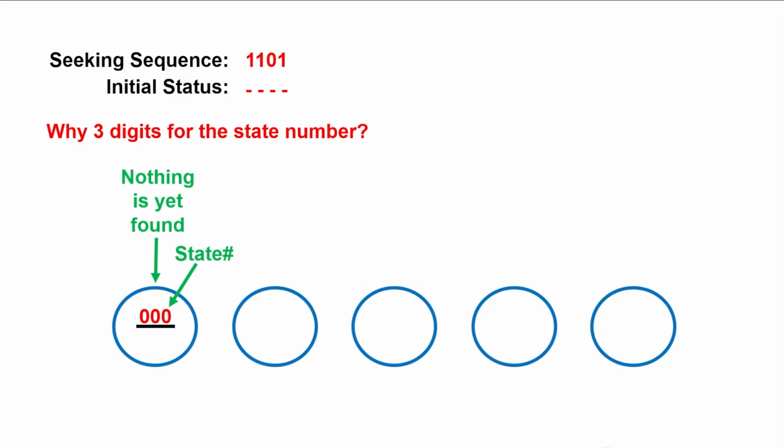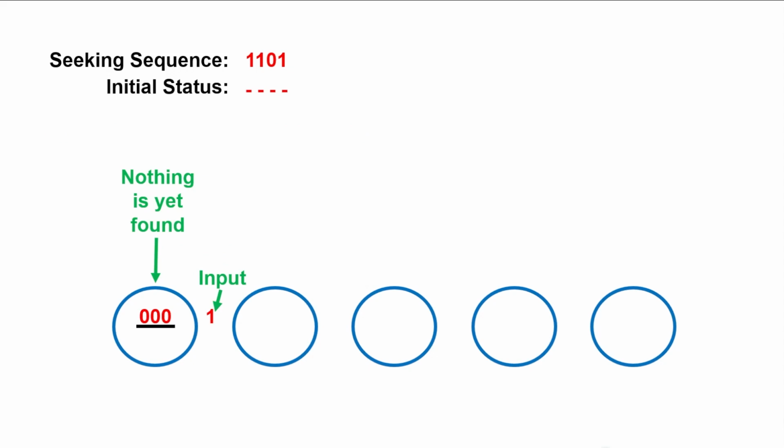And Moore said, let's put the state number inside, and that's what Mealy did too. We put the state number inside. But then you notice there's that dash below the state number. There's a 1 from the number stream, and what we're saying here is if we get a 1, that's the first digit that we want, so we're going to go to the next state if we get a 1. And then that next state bubble, we're going to name that in English. We're going to call it, hey, we found a 1. 1 was found, right?